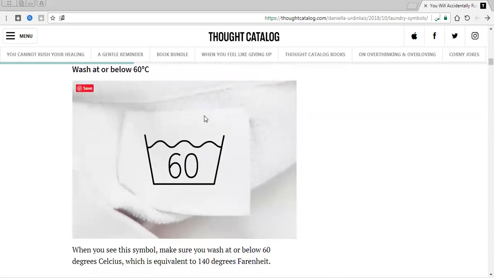The same also if we have 60 in this way: 60 means that we can wash at 60 degrees or less than that.